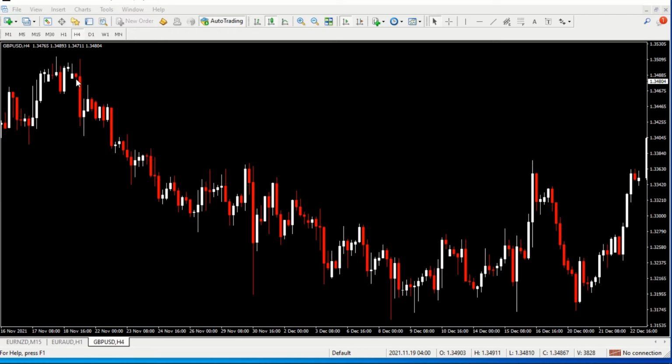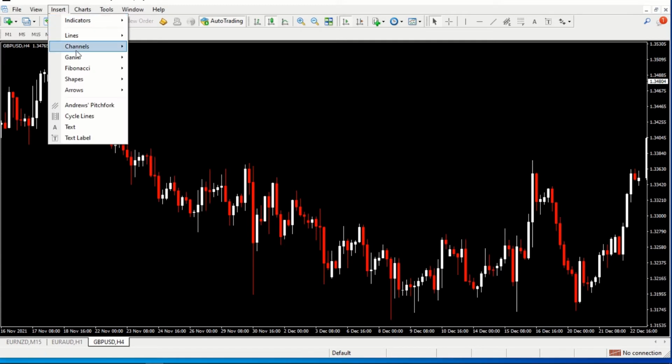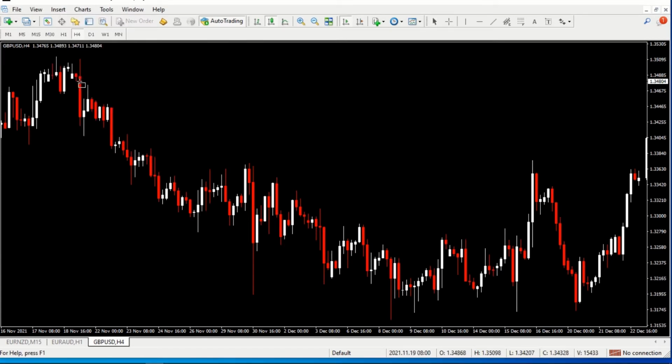So what FVG simply means is the distance between the lower wick of the candle at the left side here and the upper wick of the candle at the right side of the momentum candle. So in between is our FVG. So let me draw it or map it for you to see.